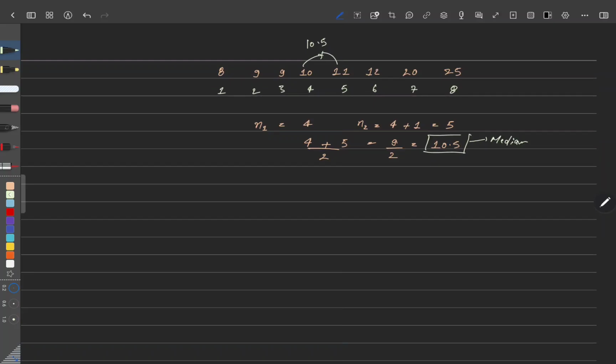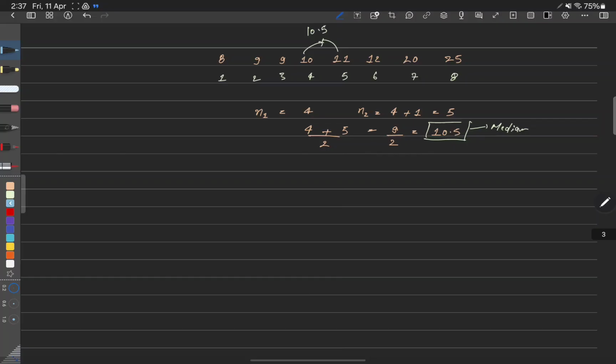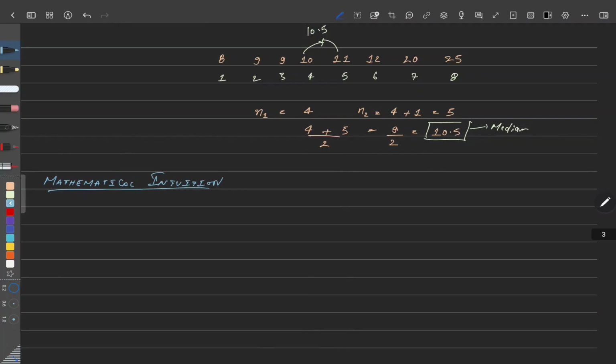Now let's understand the mathematical intuition behind the median. Why median? What does it actually do? Let us understand what it means to calculate the median.